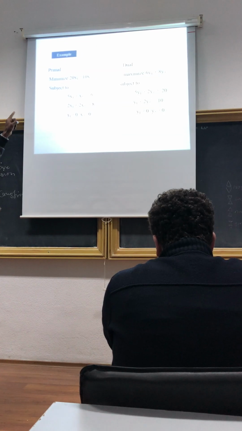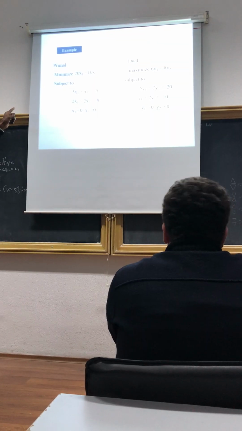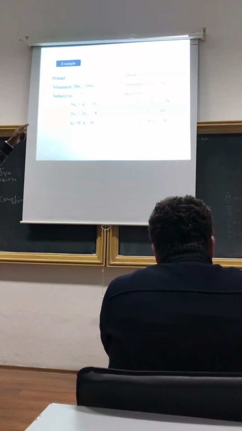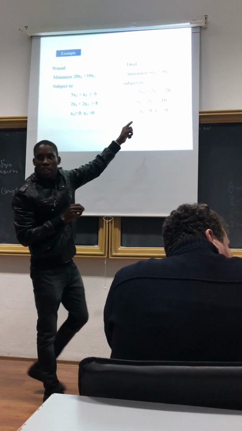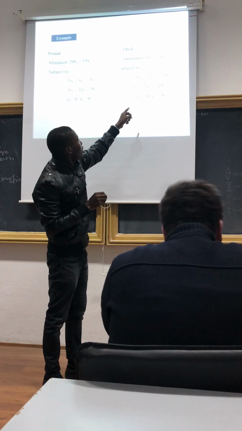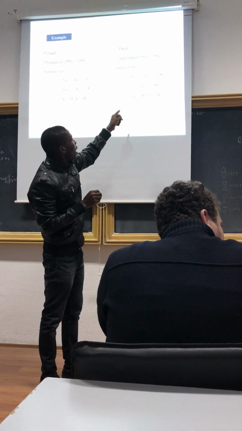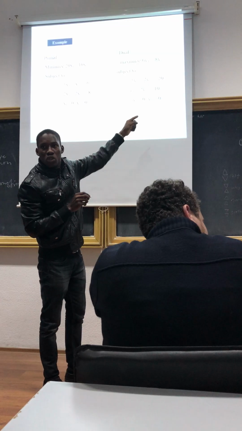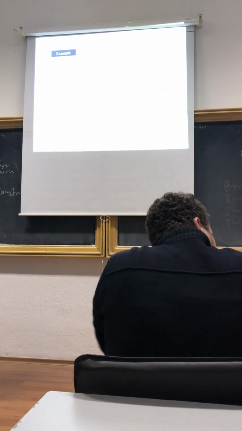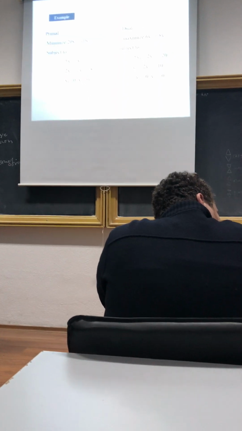And also, the objective function in the primal problem, which is maximize 20x1 plus 10x2, is now the constraint in the dual problem, which are less than or equal to 20 and less than or equal to 10. So it's just changing of formation.